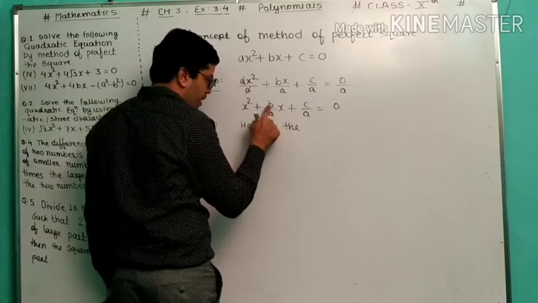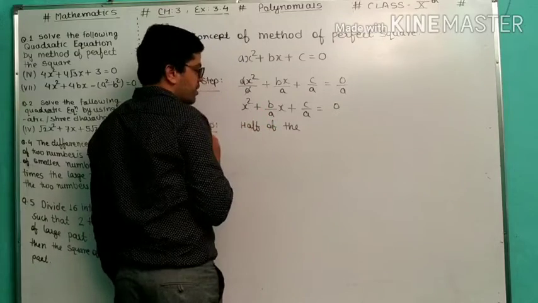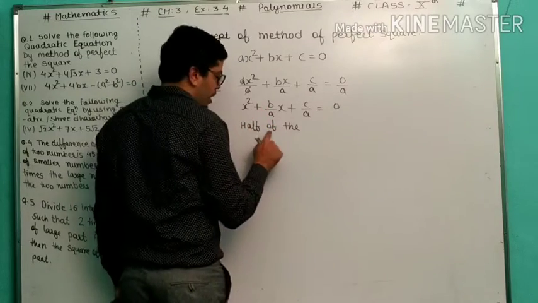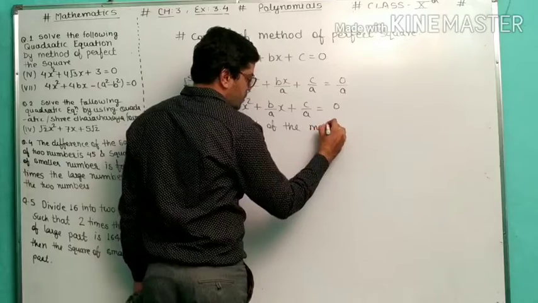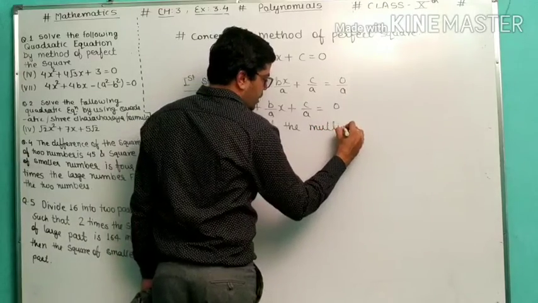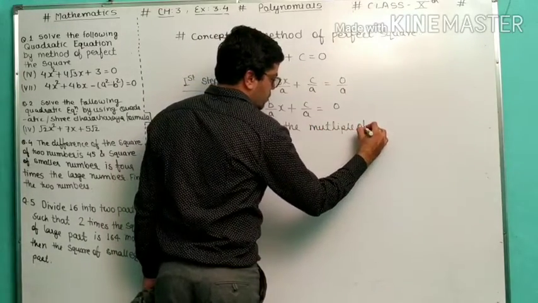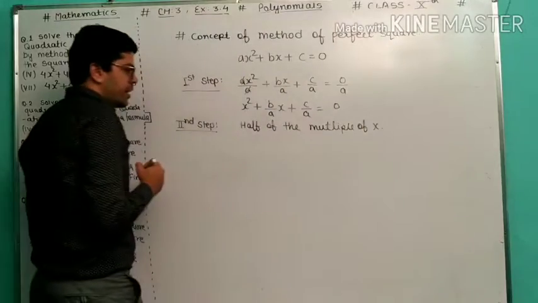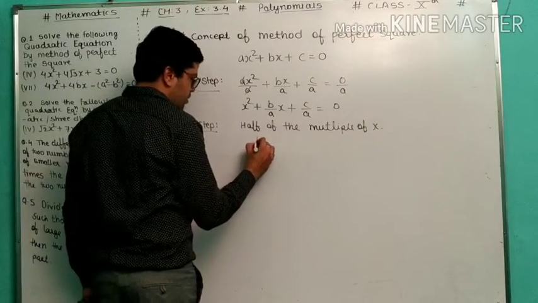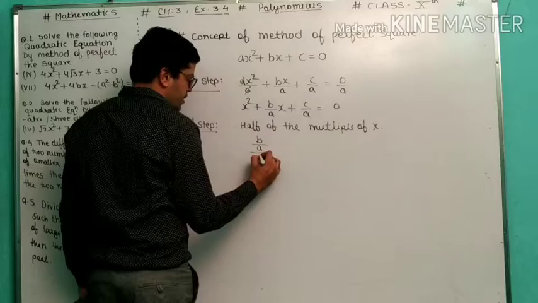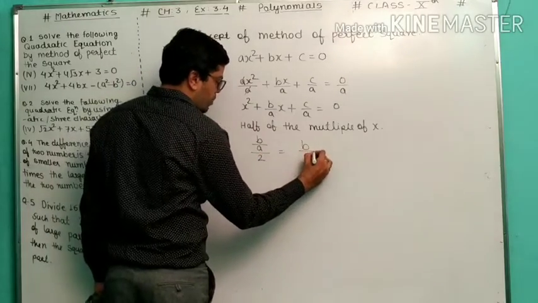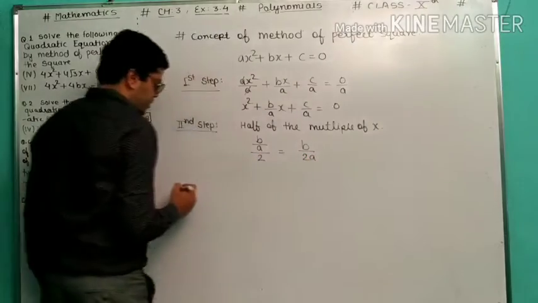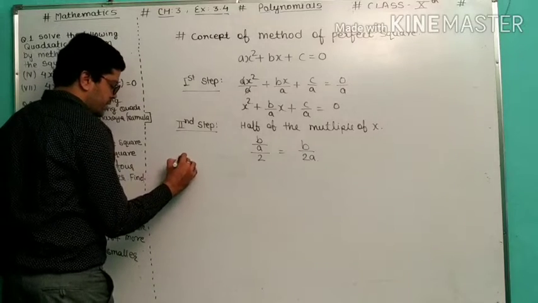The multiple of x is b by a. So half of the multiple of x means b by a divided by 2, which is equal to b by 2a. So the second step is completed.